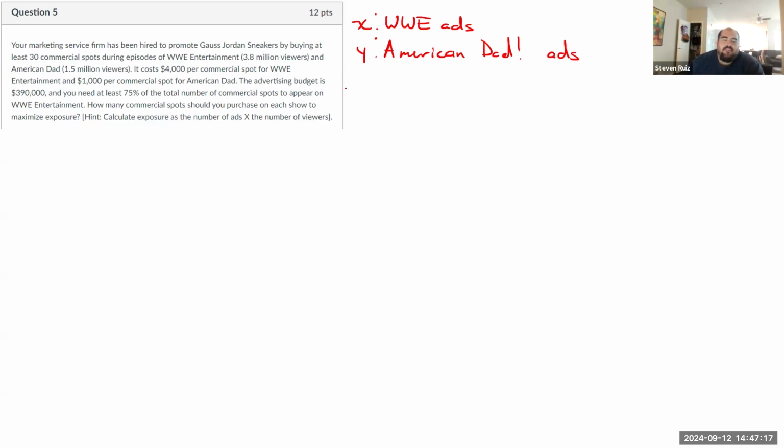So what does that mean? I think that will give me this inequality, x plus y. And what is it? So x plus y is something 30. So what sign goes there? I need to buy at least that many. So could be equal to 30, could be more. So I think that's our first inequality. X plus y is greater than or equal to 30.